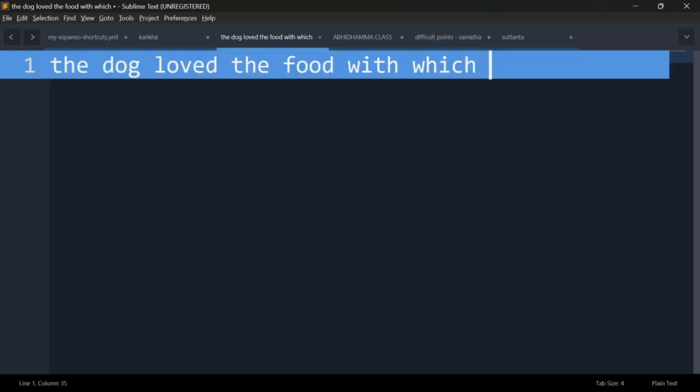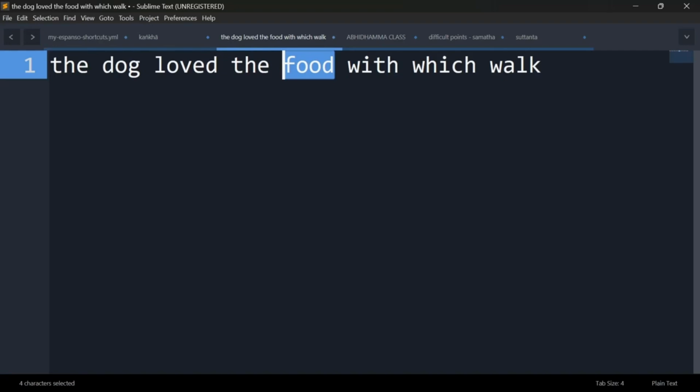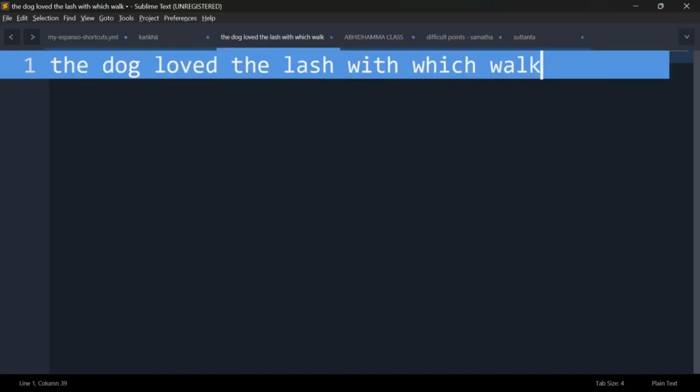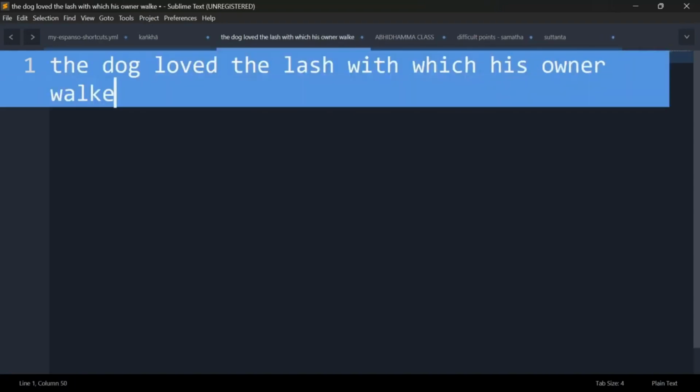For example, the dog loved the food with which, what can it be? You have to think of the verb that matches with. Okay, maybe walk with. So I'll change a bit. He loved the leash with which his owner walked him.